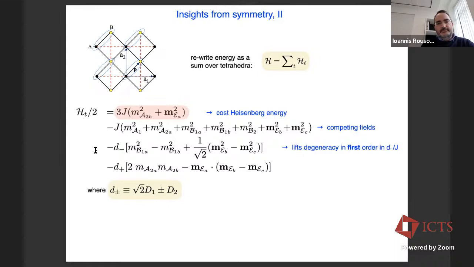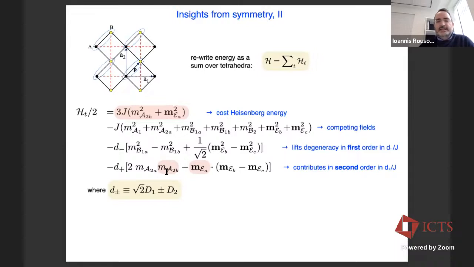Then there is this term that lifts the degeneracy in first order in D over J, because these terms involve irreps that are already present in the unperturbed manifold. Unlike these terms here, which always combine a coupling between irreps of the unperturbed manifold and irreps that cost energy.